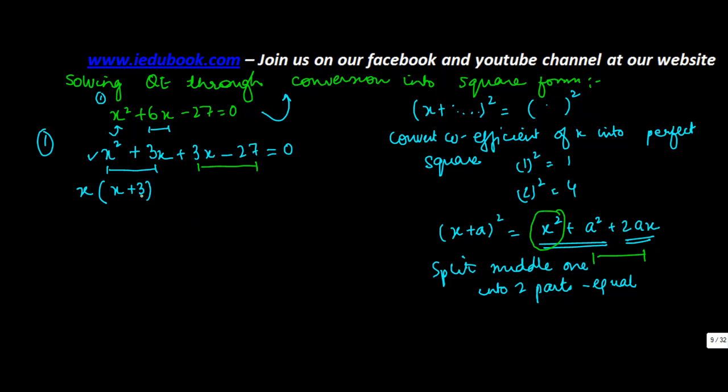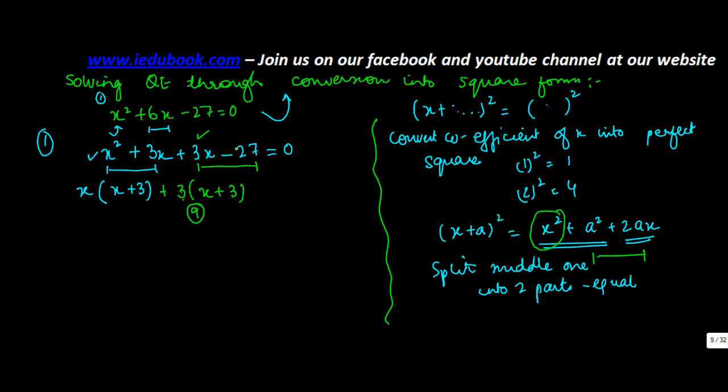Now to have this square, we know that when you do the factorization, you have to have this x plus 3 again here in the bracket. Now for x plus 3, the first item is 3x. So if you have 3 here, 3 into x will give you 3x. What is the additional item that you require? 3 into 3 is equal to 9.